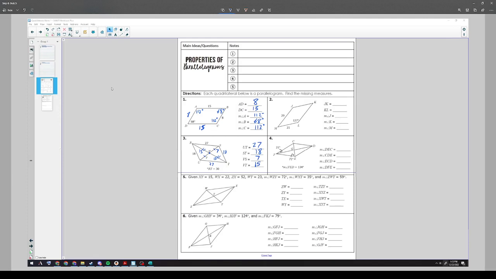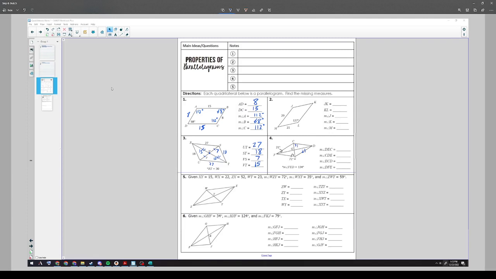Number 4 looks pretty similar. Let's see what the difference is. So we have the diagonals and the angles here. So we know that this 21 is also over here, and this 71 is also over here.